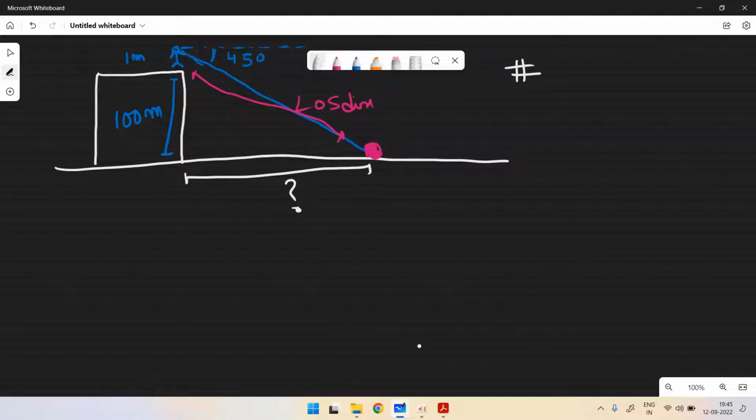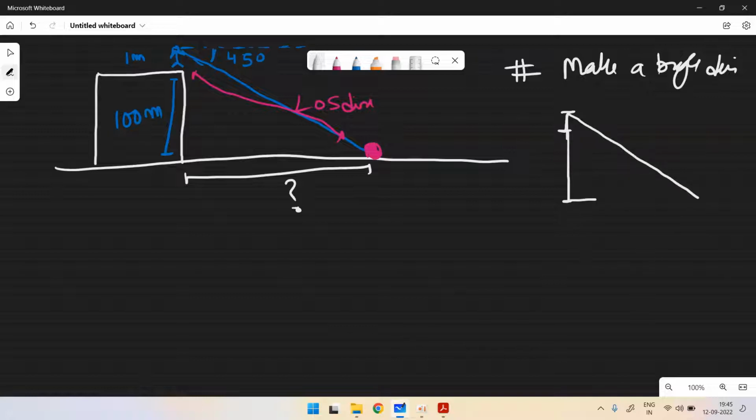First, make a triangle diagram, which will make it even more clear. This is your triangle diagram. The line of sight is shown as a dotted line, and there is a stone here at some distance.